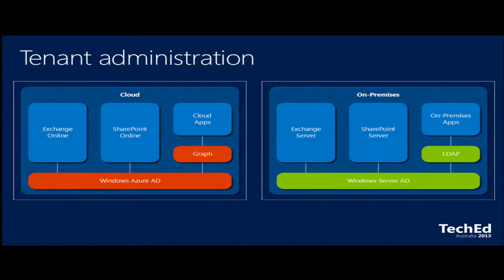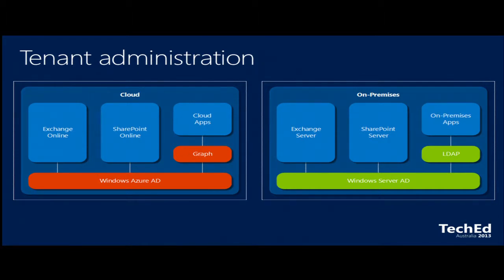So on-premises, we may have a range of products and applications that are integrated with Windows Server AD for authentication, and on-premises apps that may be using LDAP queries to read information about users at runtime. We have a similar set of features, platforms and technologies in the cloud. Platforms such as Exchange Online, SharePoint Online, and your own cloud applications can integrate with a single Windows Azure AD instance, if you will.